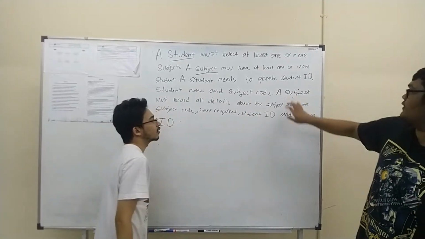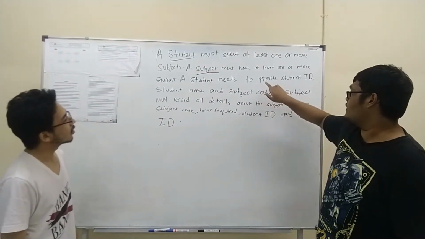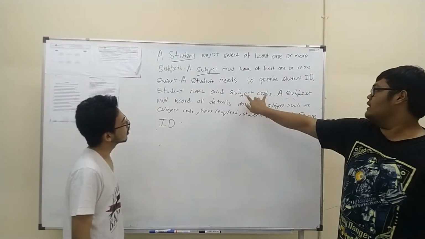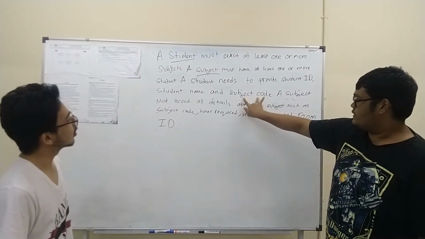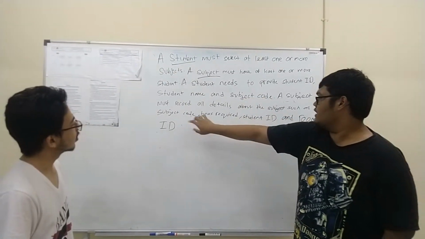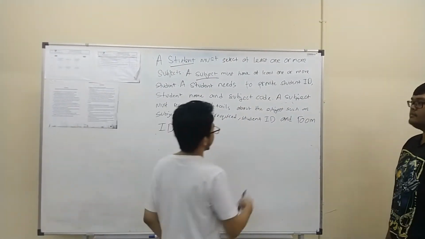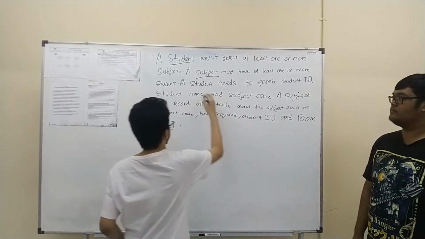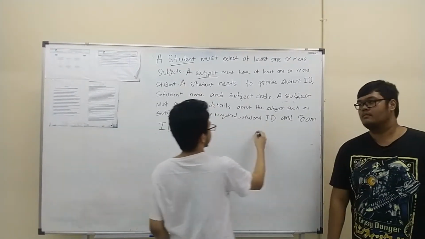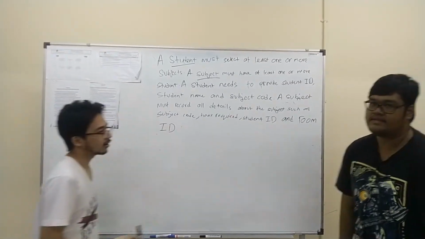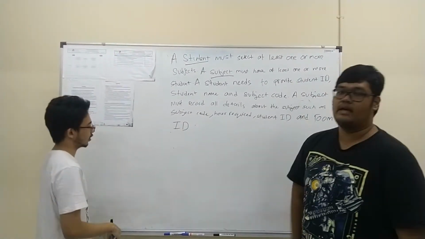The foreign key for student is subject code, because you can see the subject code is here and then here. The same could be said for subject with regards to student ID. Student ID is the primary key of student, but it is also an attribute underneath subject. So let's start building our ER diagram.